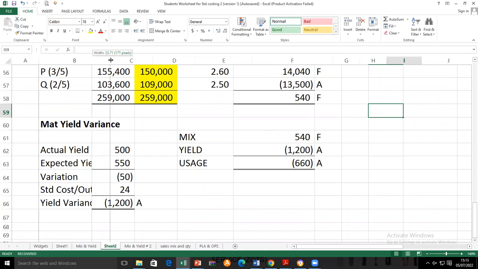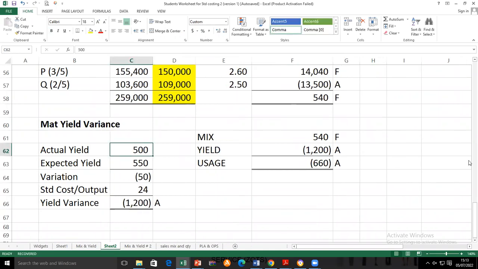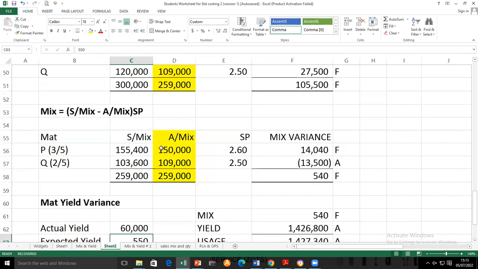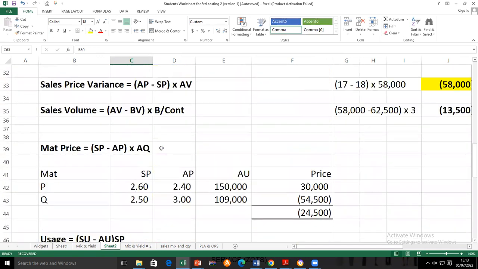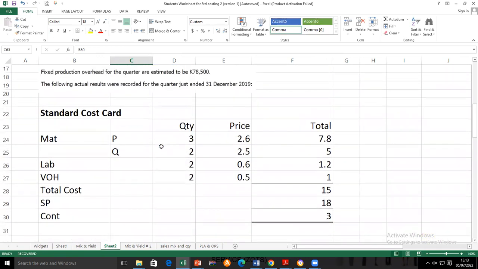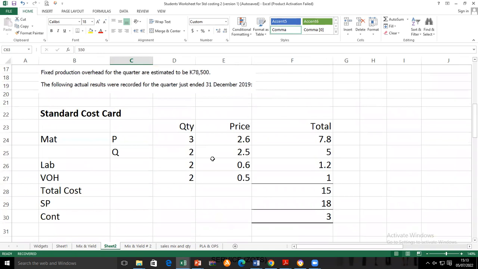Let's look at the yield. Actual yield, 60,000. Expected yield. Let's put an expected yield. Cross multiplication. So 2 and 3. When you put in 5, what do you get? You get 1.